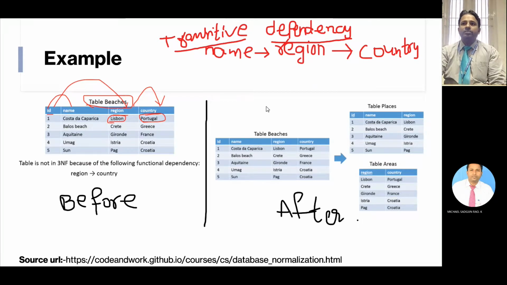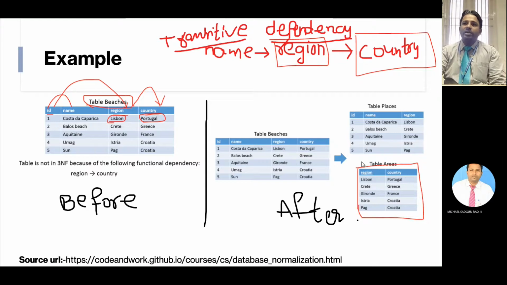What are the dependents? Region is dependent, and country is also dependent. So region and country are eliminated, and used to form another relation with only region and country. Here the key attribute, otherwise the primary key, is region, and this key is determining, or identifying, the country.